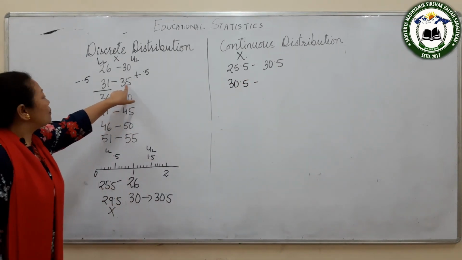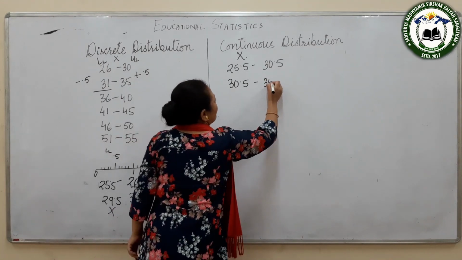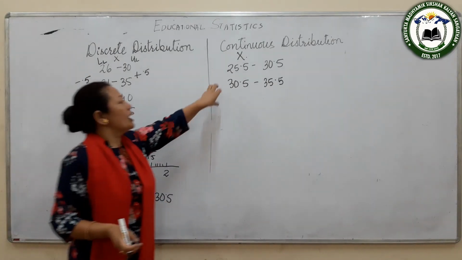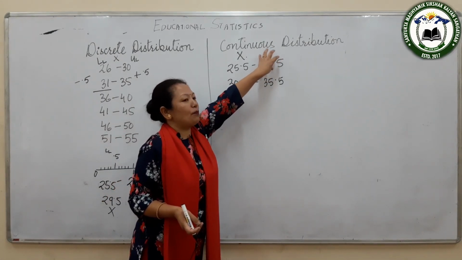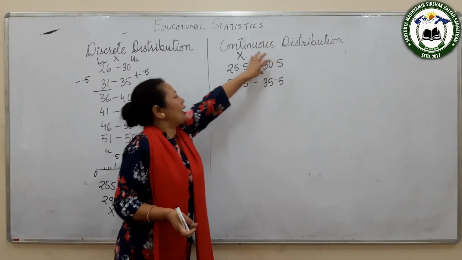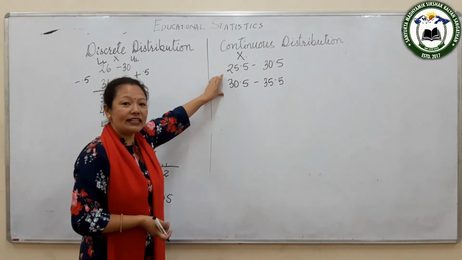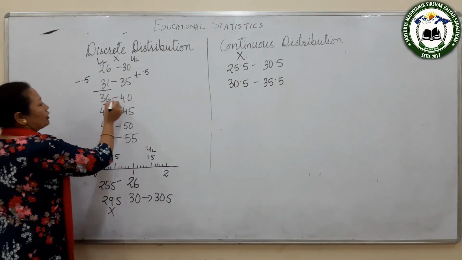So 35 plus 0.5 is 35.5. So if this number has the upper limit of 30.5, in the same way in the next column, that will be the lower limit of the next number. So 35.5, in a similar way over here also.